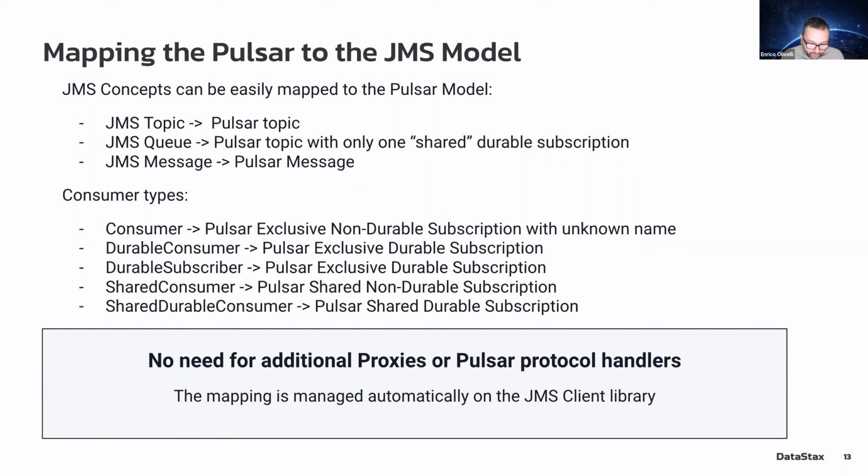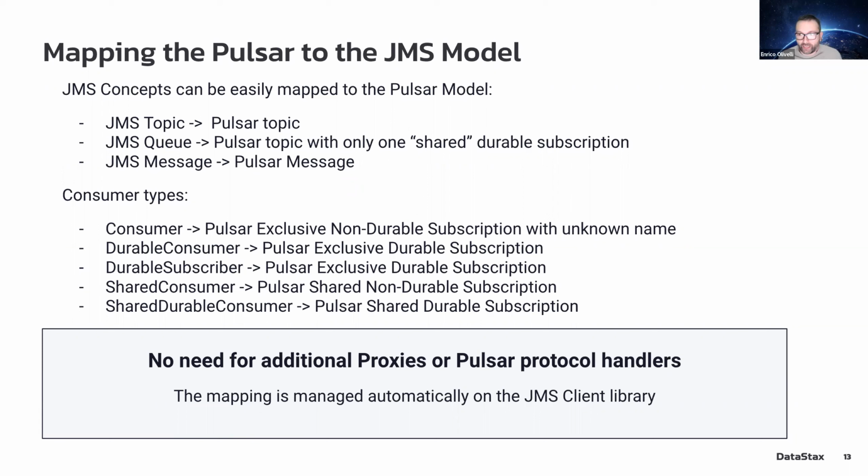One important thing to know is that in order to use JMS, you don't need additional components in your Pulsar cluster, no proxies that rewrite wire protocols. In Pulsar, you also have protocol handlers that are extensions to the Pulsar broker that allow Pulsar to speak other languages.